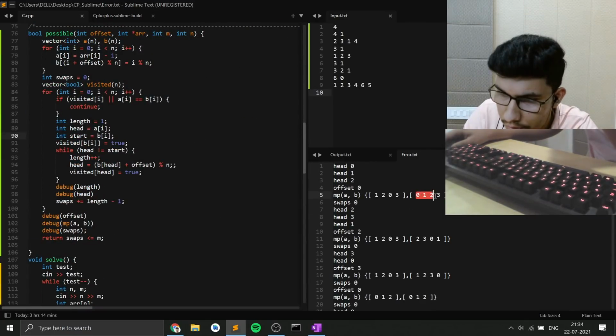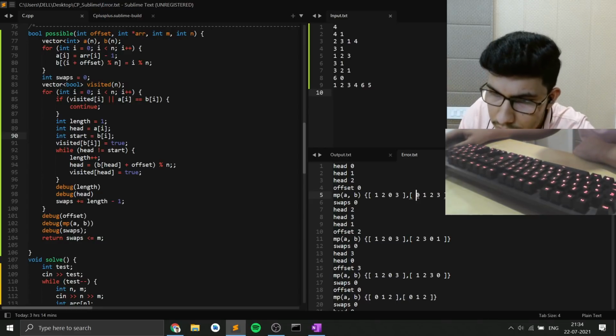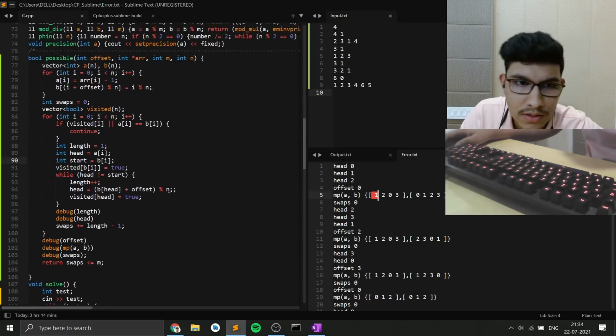So I need to convert 0, 1, 2, 3 to 1, 2, 0, 3. So I am at 0, but we have a 1 here. So I look for the 1 here, right?